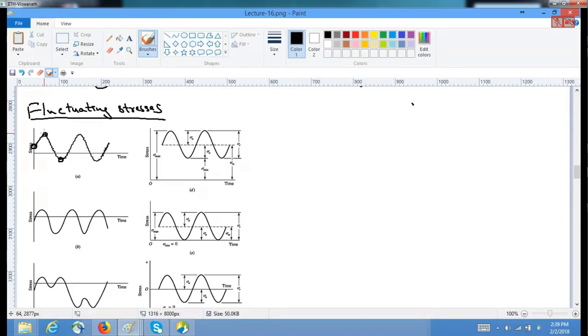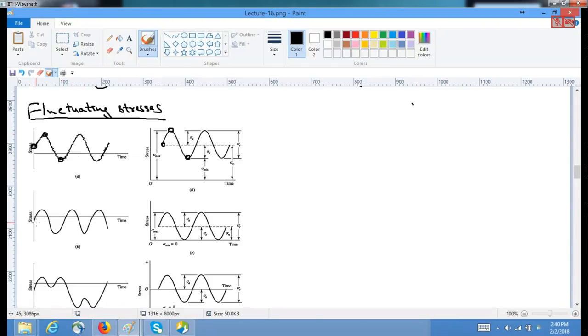In here, the highest point is positive, the starting point is also positive, and the sigma min is also positive. All are above zero. It is fluctuating, but it is either completely tensile or completely compressive in nature. Whereas in this case, it goes from a non-zero state of stress to a tensile value, and then it comes back to a compressive value, and then it fluctuates in the same way.